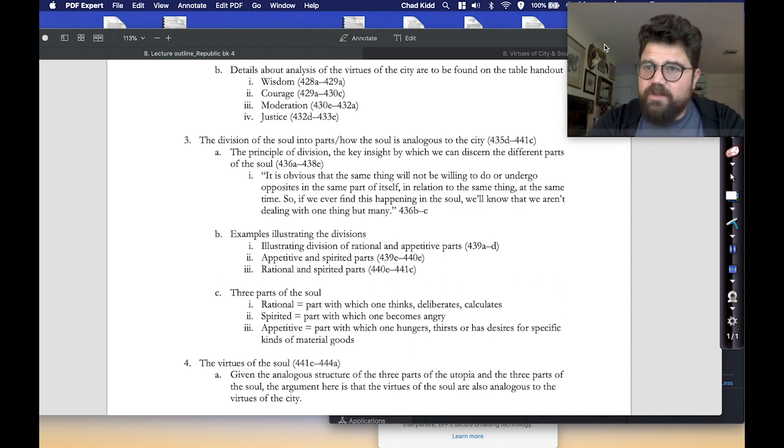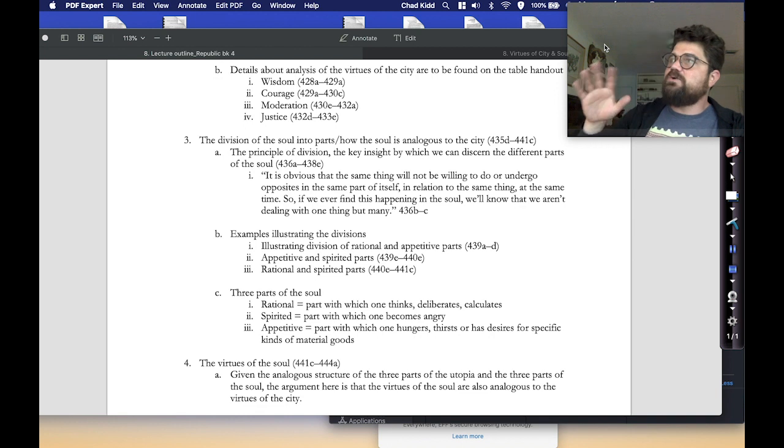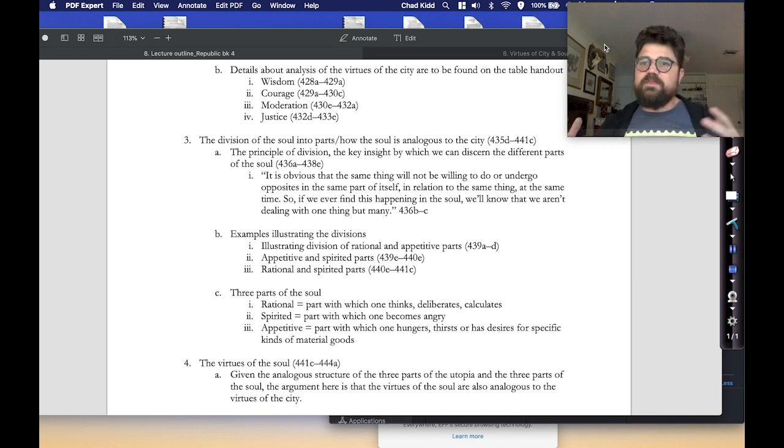And Plato, at this point in the history of ancient Greece, is doing something radically new by thinking about the nature of the soul, the interior part of the human being. By interior, I mean something like the spiritual part of the human being, the psychological part of the human being, if we want to put it in more secular terms.